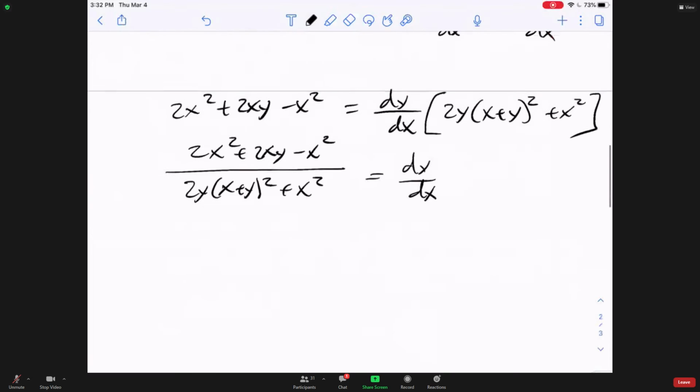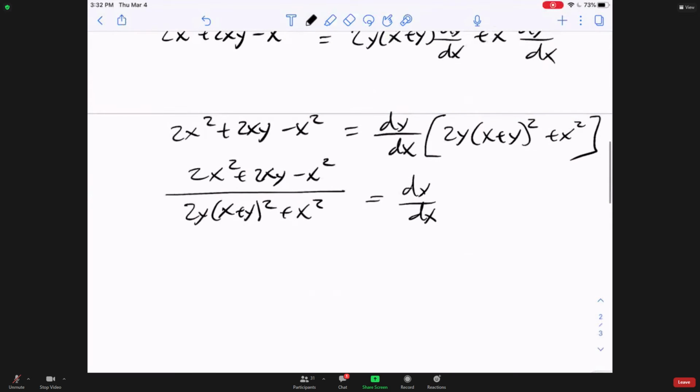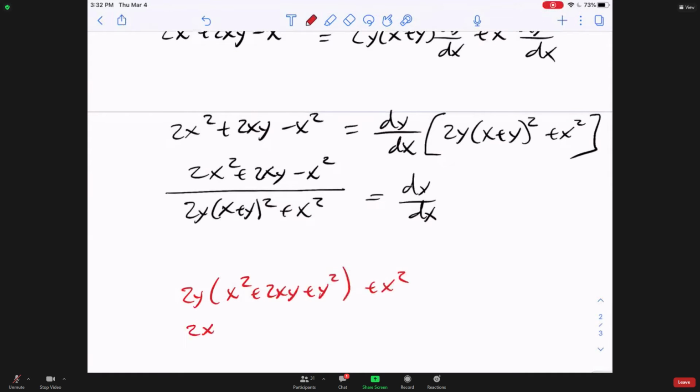Yeah, because you have to, let me just do the bottom with scratch paper. You have 2y times (x squared plus 2xy plus y squared) plus x squared. It should be 2x squared y plus 2xy squared plus 2y cubed plus x squared. All right.